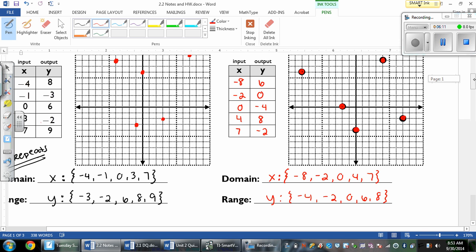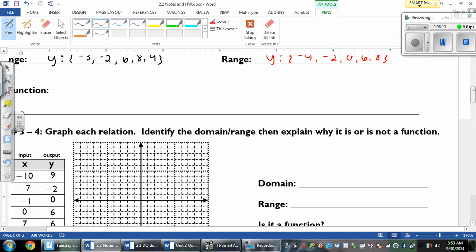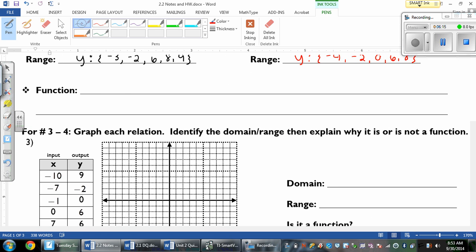Alright, so then we're going to move on to what it means to be a function. A function is a relation.